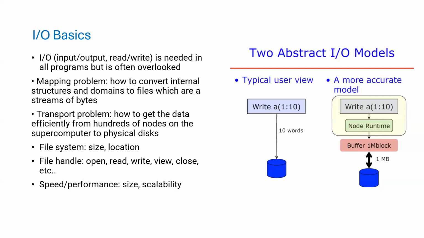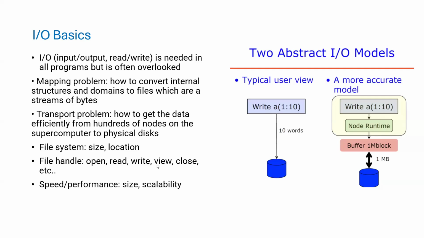In I/O, the file handler normally has a few things to deal with, such as file open, where you need to open the file, and then do read or write. Then the file view: in a parallel situation, you need to understand which part to start from.